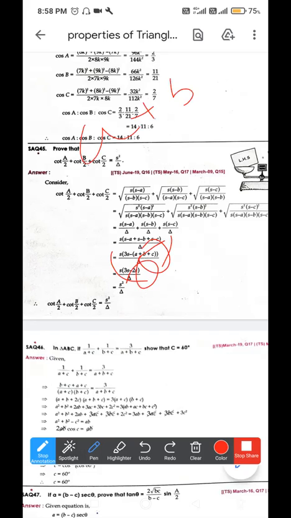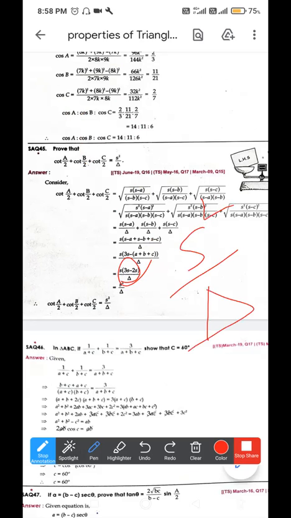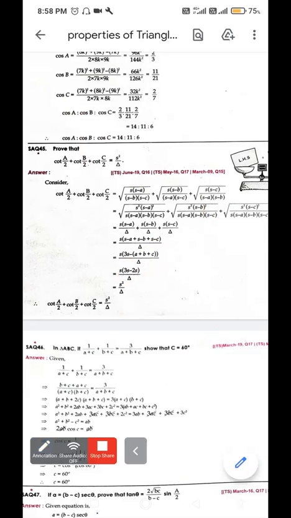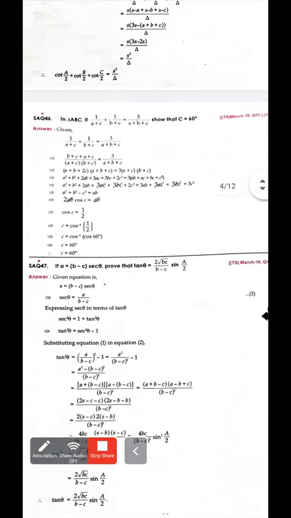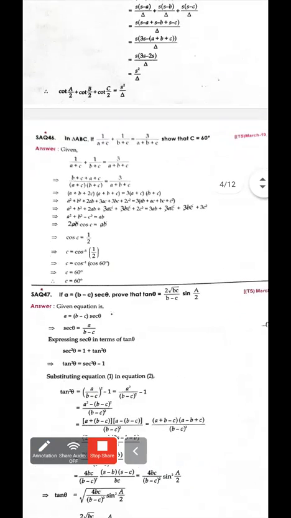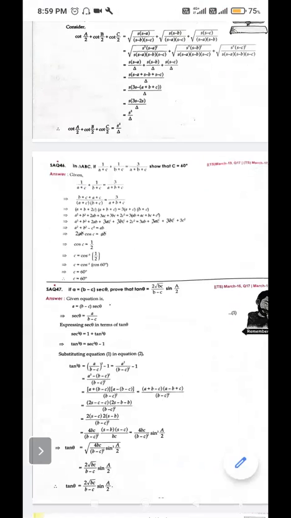That is the formula. So 3S minus 2S will be S. S into S is S square by delta. Got it? S square by delta is your answer. Is that clear?